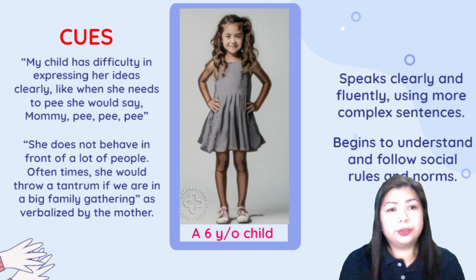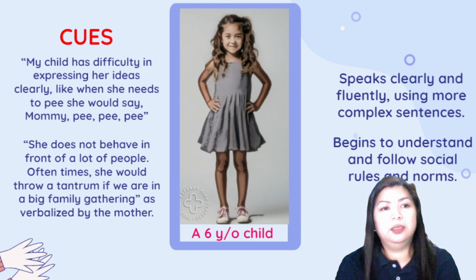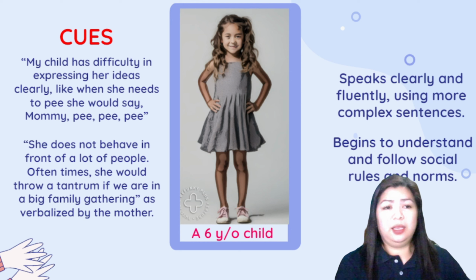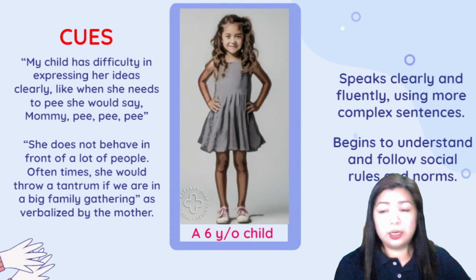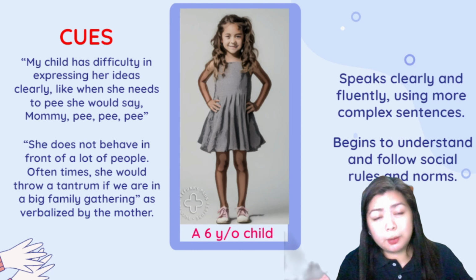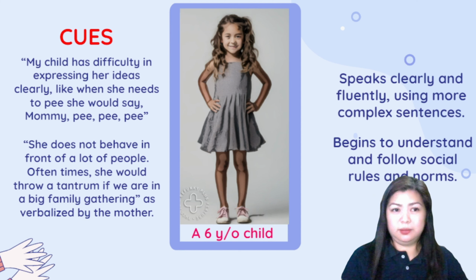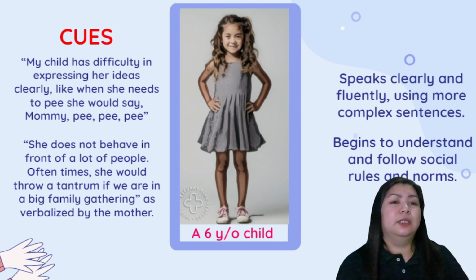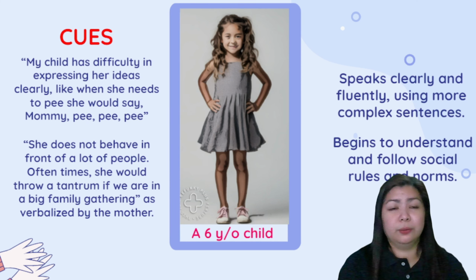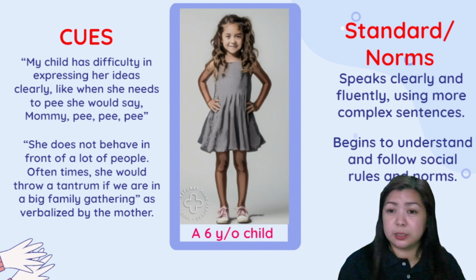Okay, like in the case of this Sarah, the first cue discusses the language component of the development of the kid. Okay, and the other one here is about the personal and social interaction development aspect of the kid. Okay, so this is now no longer concentrated on one area of development. Now, so these are your standards or your norms that you usually observe in a 6-year-old kid.